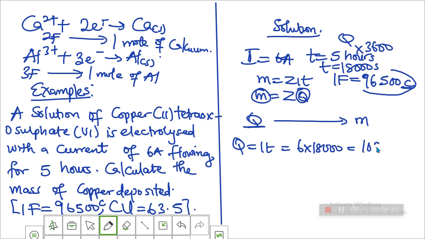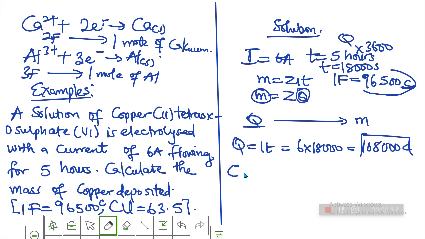That will be 108,000 coulomb. So that's the quantity of charge. Now you see that I said Q will be on the same side. Now we are getting to Q. I hope you understand. So what we are going to be doing is that on one side they said 1 farad gives us what? 96,500, right?